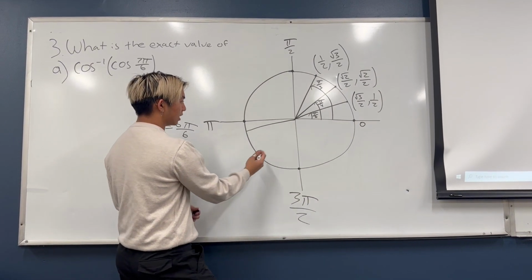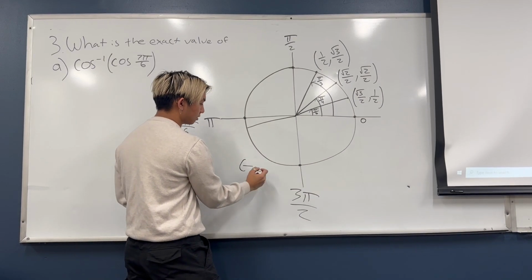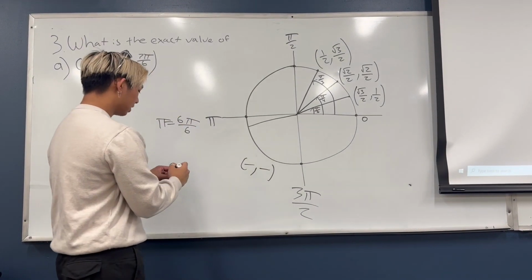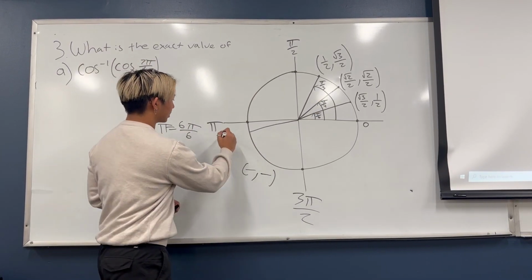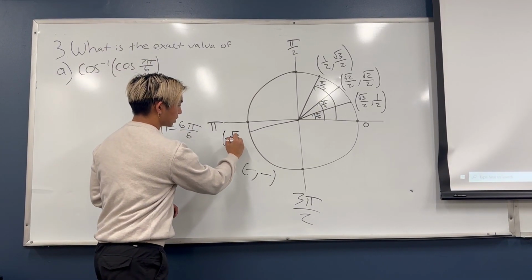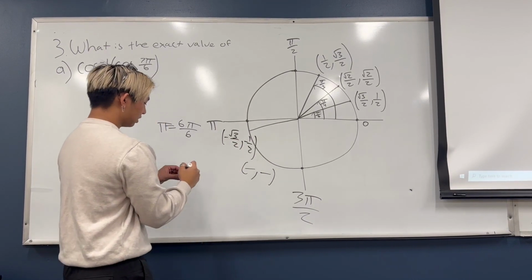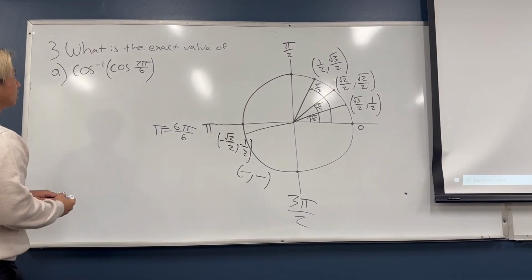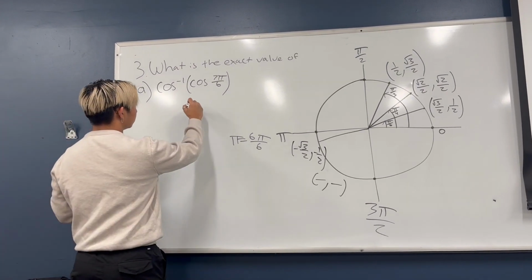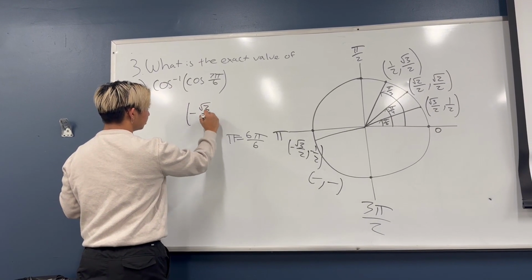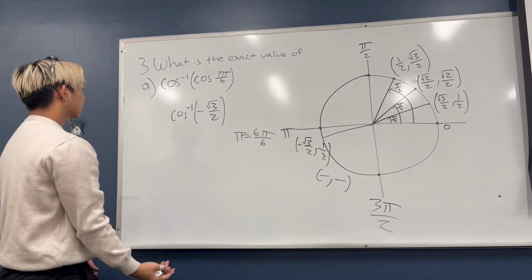The x value is negative, and our sine values are also negative. So negative, negative: the coordinate is negative square root 3 over 2, and negative 1/2. So if we rewrite this, the value of cosine of 7 pi over 6 is negative square root 3 over 2.